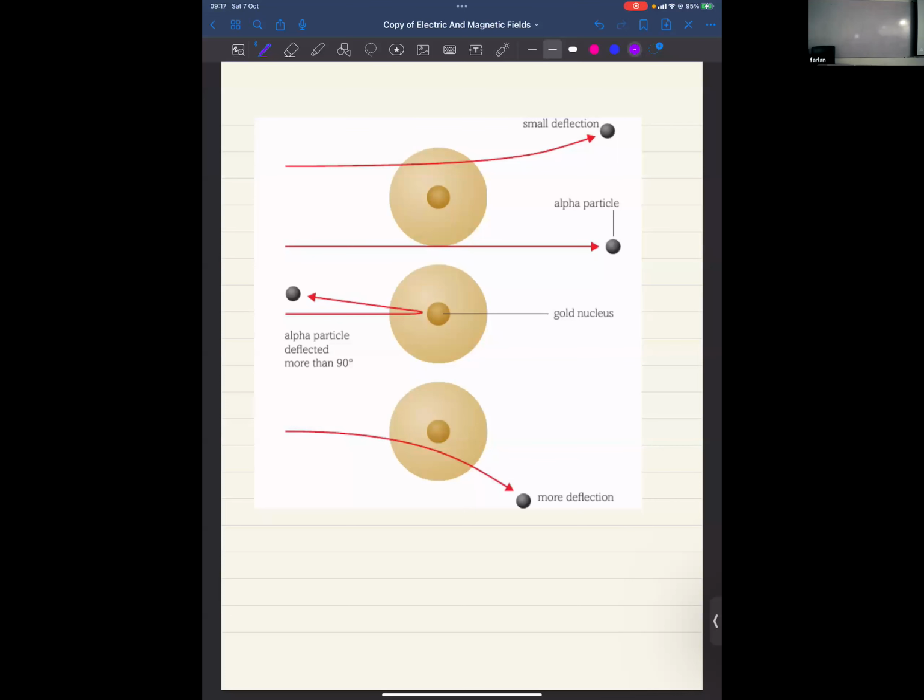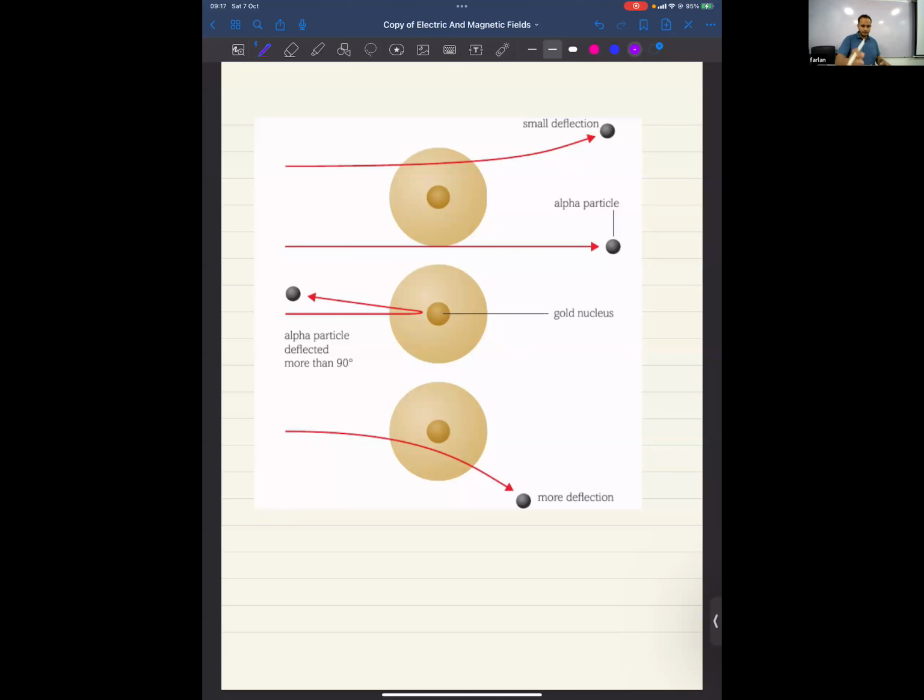Electromagnetic induction. We didn't start party. No, we are starting today. Okay. Right, guys.